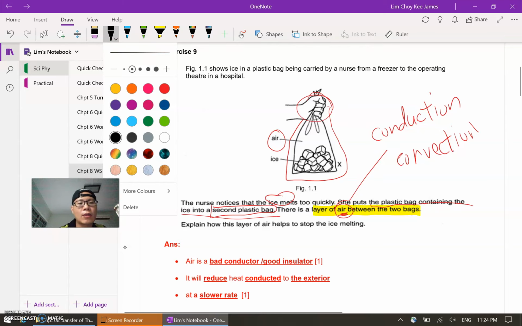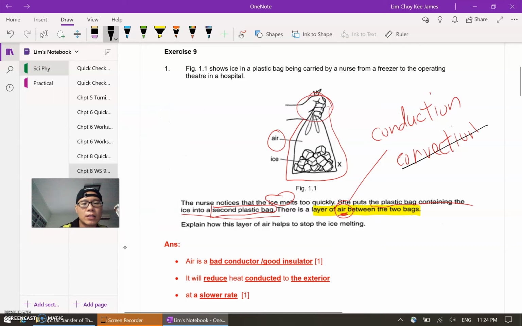So I would say convection current is not likely, because the air is not free to move around between the layers of plastic bag.